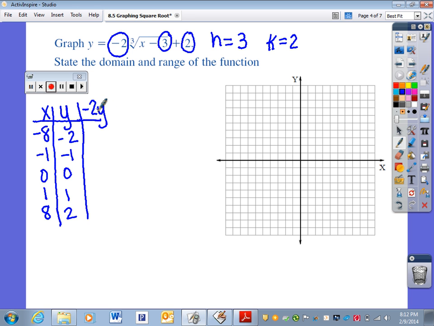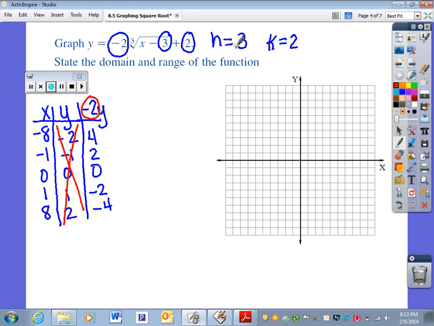So we're simply going to multiply our y column by -2. And then when we graph, we're not going to use this center column right here because we have transformed that with our new leading coefficient.